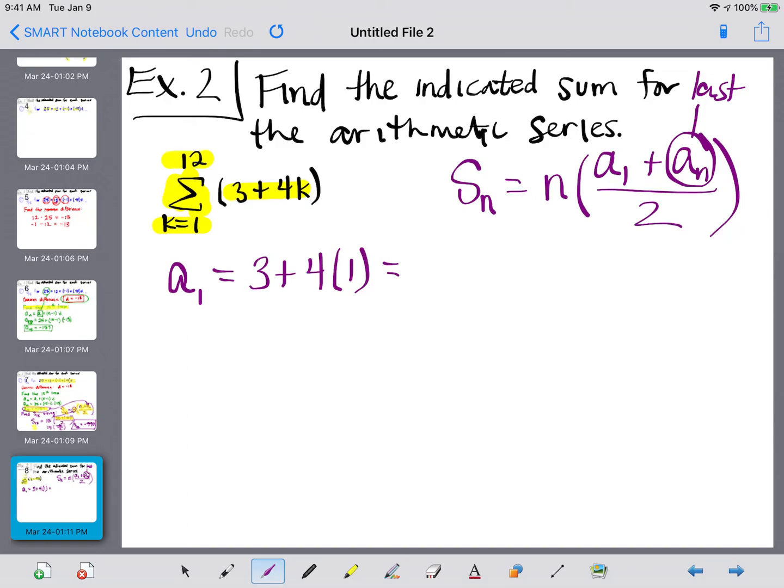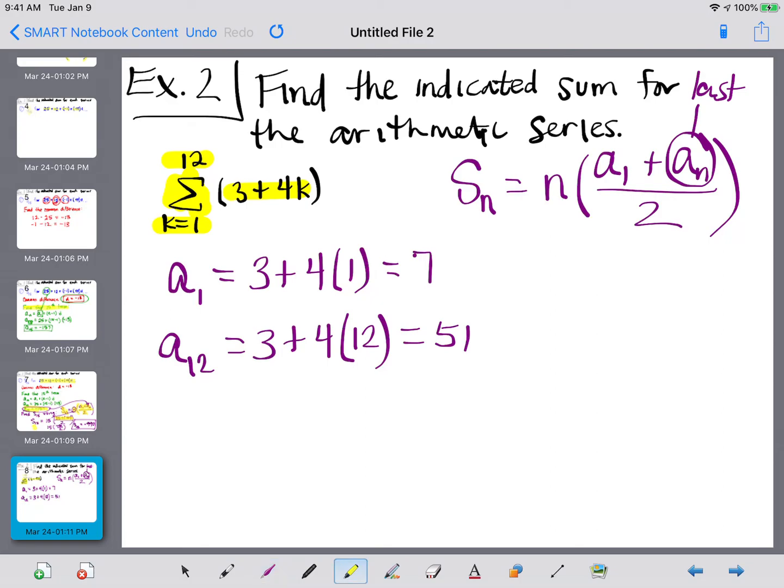So the first term is going to be 3 plus 4 times 1, which is 7. Then we want to find the 12th term. Instead of a 1 for the k, now we want the 12th term. We're going to plug in 12 for k. So 4 times 12 gives us 48, plus 3 would give us 51.